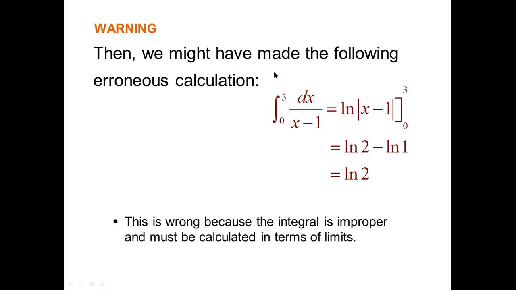Then we might have the following erroneous calculation. If you evaluate it directly, you substitute and your answer is ln of 2. This is wrong because the integral is improper and must be calculated in terms of limits. You may have a multiple choice question later on and this will come as an answer, and it has an answer, but it is an improper integral and has to be evaluated in terms of its limit.